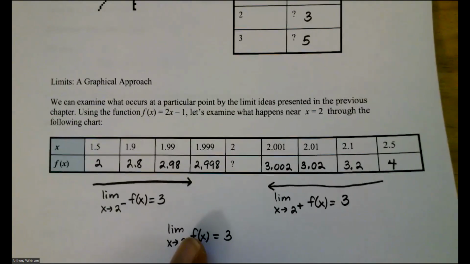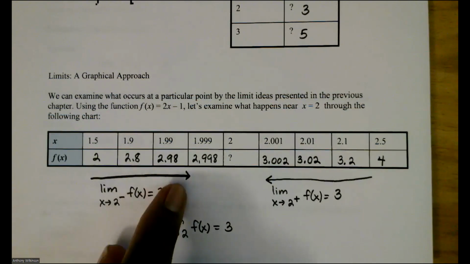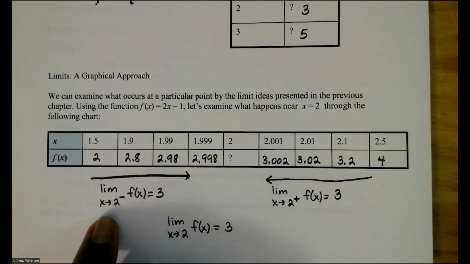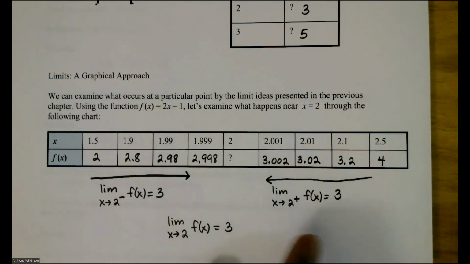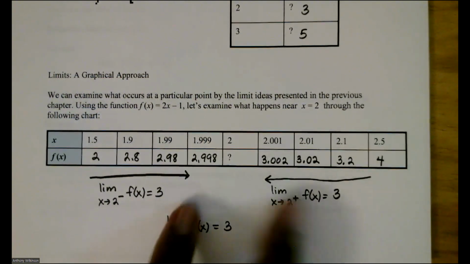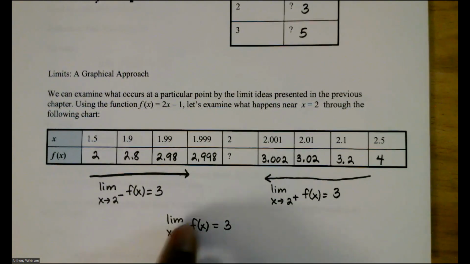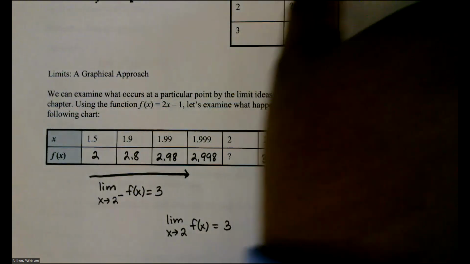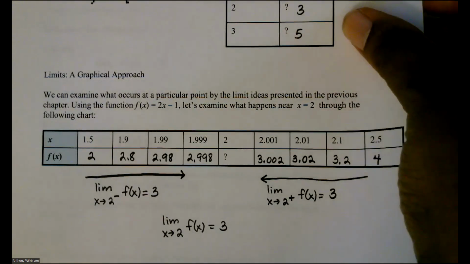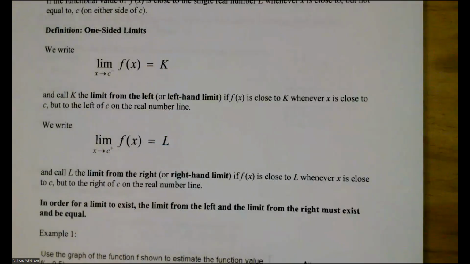So if you notice in this problem here that I just did, you see that the limit from the left of 2 of the function and the limit from the right of 2 for this function are both the same. Okay, they do exist and they're both the same. So we can say that the limit as x approaches the constant itself of that function would be that value.